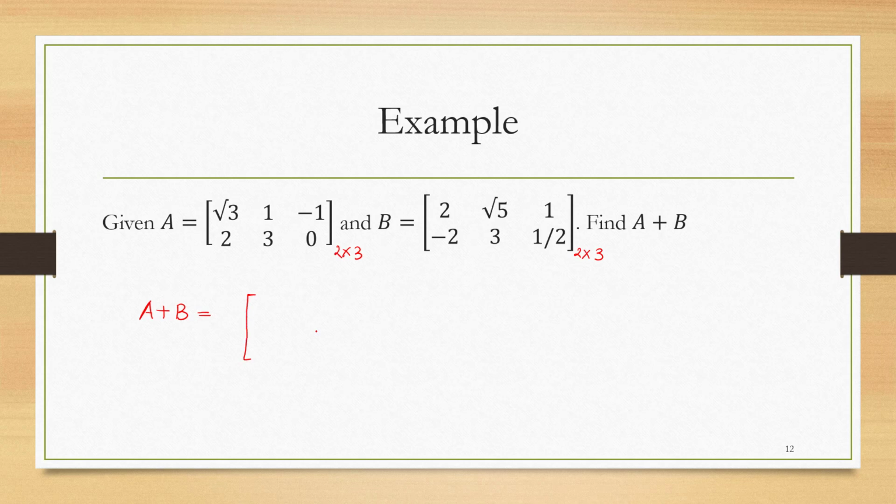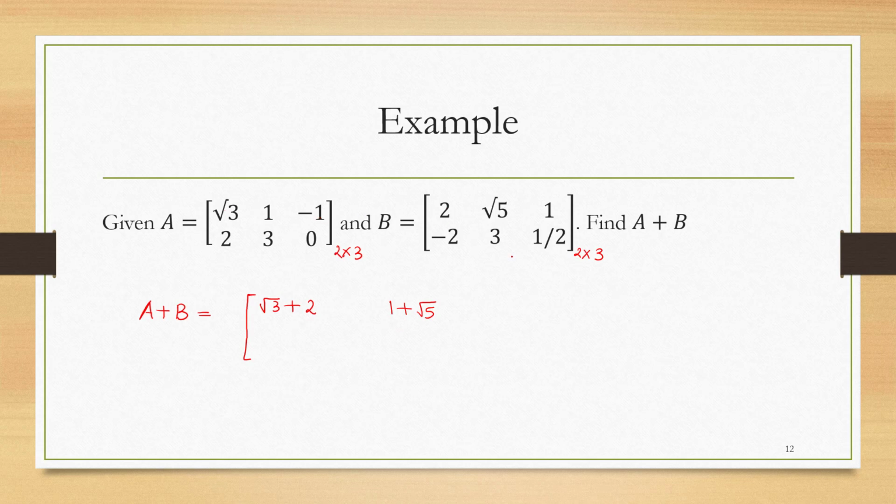It is also of the same order 2 cross 3. First entry, 1 1 entry will be addition of 1 1 entry here and 1 1 entry in B. So it will be root 3 plus 2. Then 1 2th entry will be 1 2 entry here plus 1 2 entry of B, 1 plus root 5.